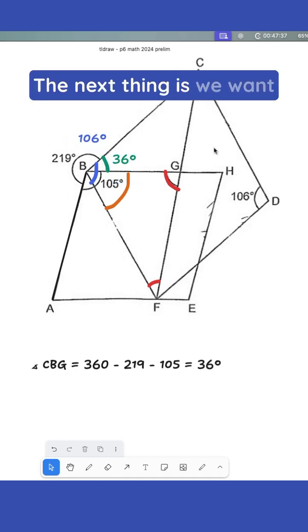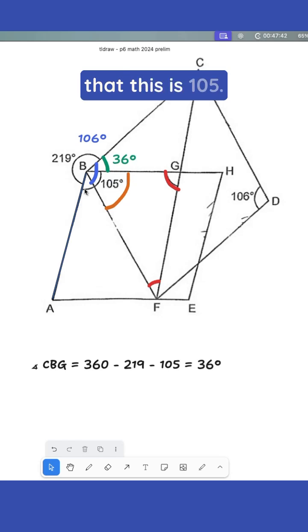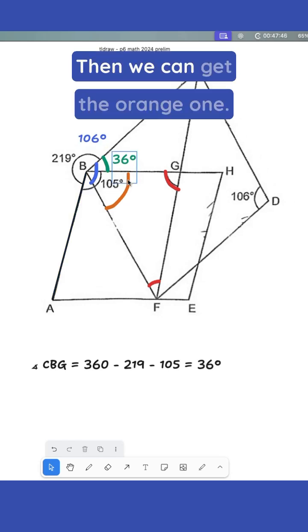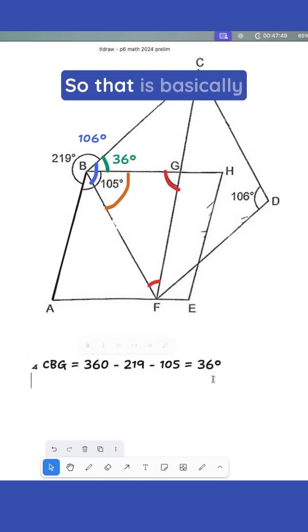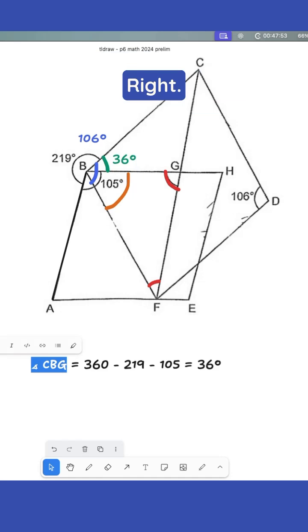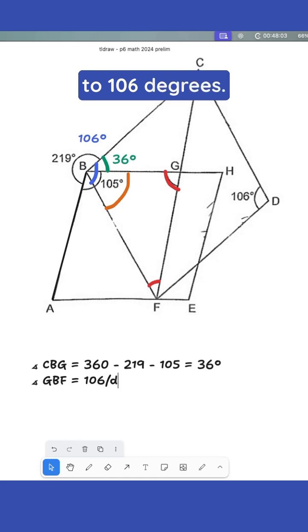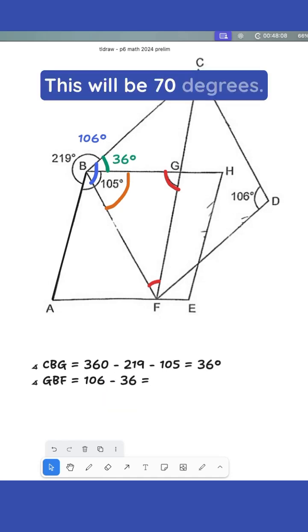The next thing is we want to get the orange one. Since we know that this is 106, we can get the orange one, which is GBF. Angle GBF is equal to 106 minus 36, which is 70 degrees.